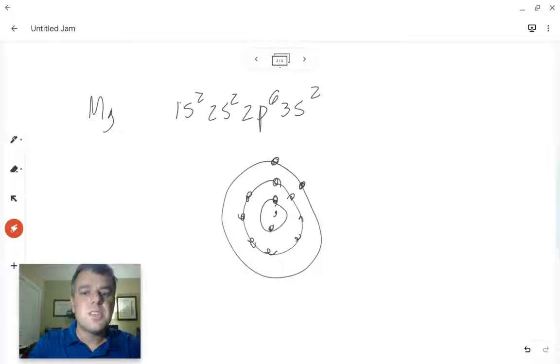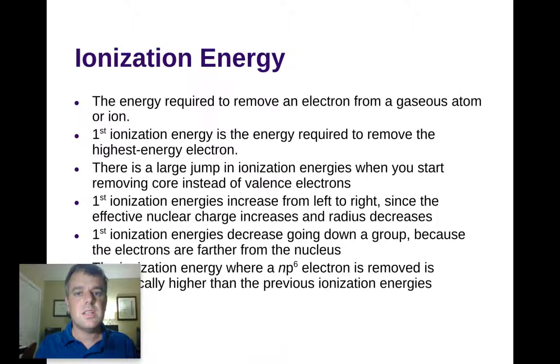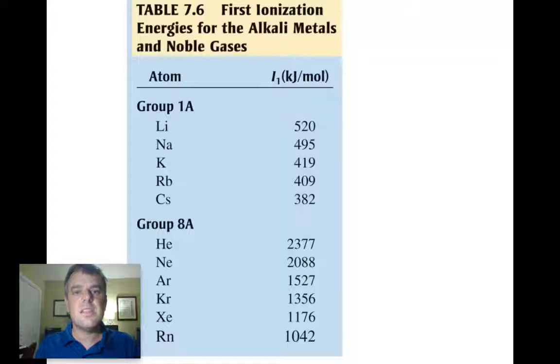Then, when you go to the third ionization energy and you try to take one of these electrons, there will be a massive jump in the ionization energies because you're removing what's called a core electron, one closer to the nucleus. So, if we look at this chart, this shows, for instance, the first ionization energies for the alkali metals.